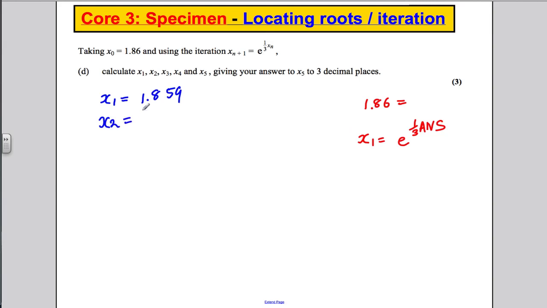Just press equals again to get 1.858. Press equals again to get 1.858, and again to get 1.858, and again to get 1.857.